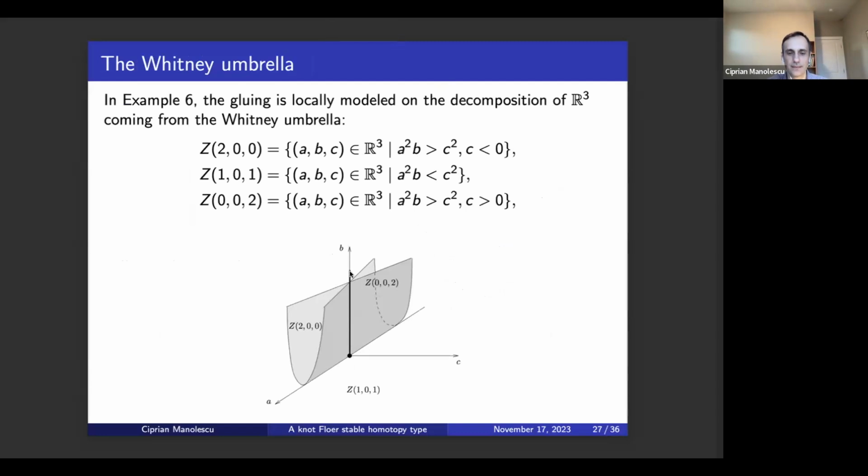So this is the standard example of a stratified space that's interesting. You split R3 into three regions. One is this side of the umbrella, the other is this other side of the umbrella, and the rest is the rest. And this is the model for how you glue three things along this half interval.